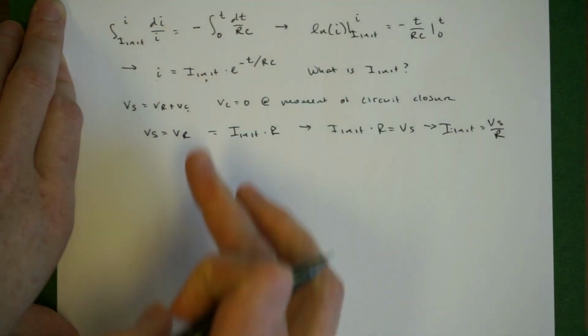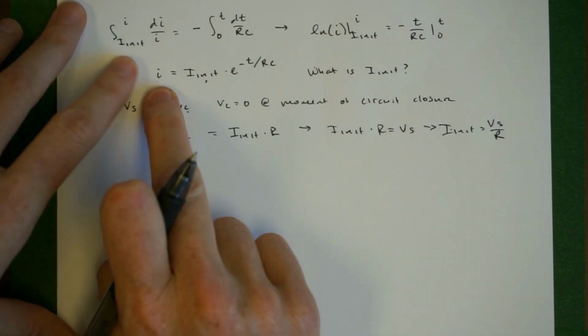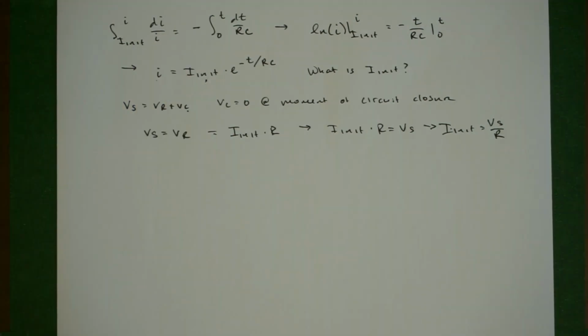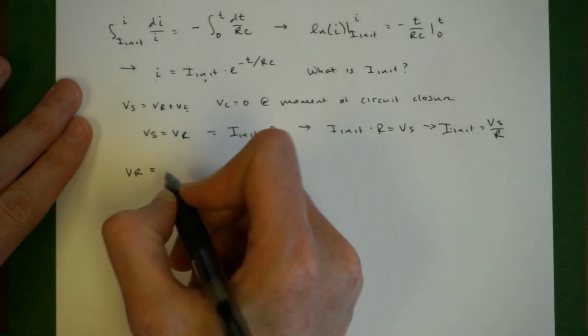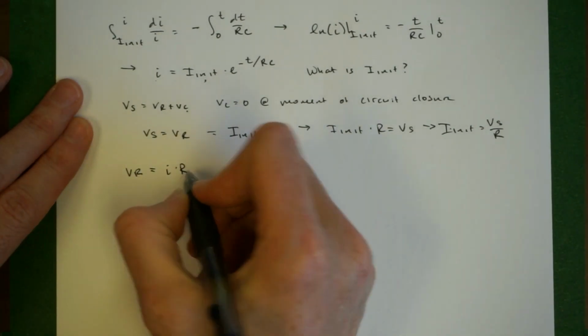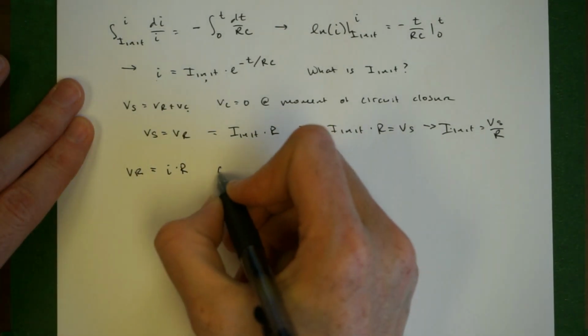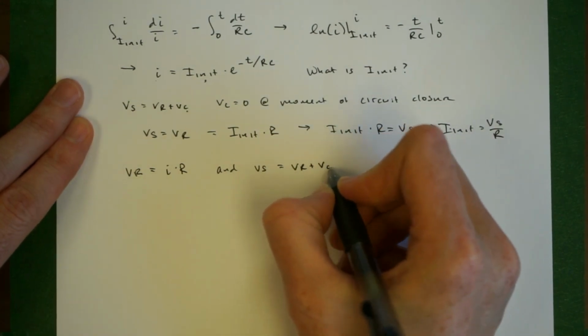So now we have a function of values that we know to allow us to calculate what the current is at any time. So now we want to look at the voltages as a function of time. To calculate the voltages, we have Vr at any point in time is determined by the instantaneous current that is flowing times the resistance, which is a constant, and the voltage supply equals Vr plus Vc.